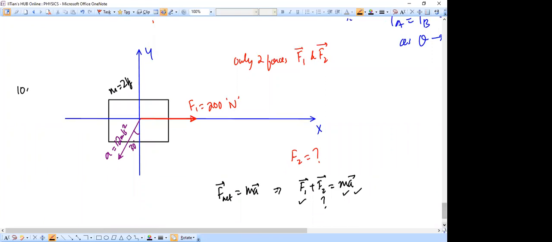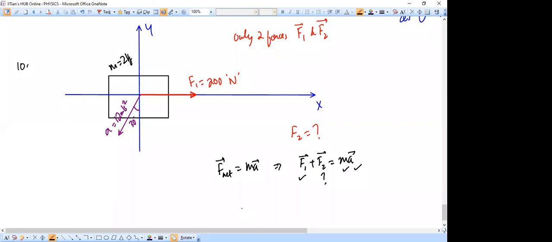Write F1 and A in component form. So first step, write the force F1 and the acceleration A in component form, or I cap J cap form, and substitute in the above equation.